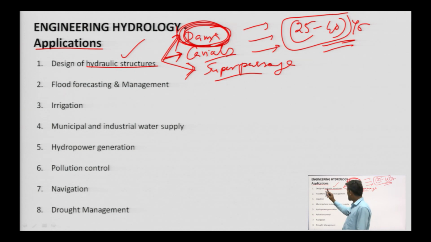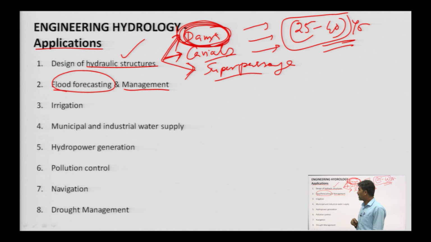The next application is flood forecasting and management. Of course, flood is an undesirable thing. If we have some idea, if we have the methods of flood forecasting. Method of flood forecasting means what?